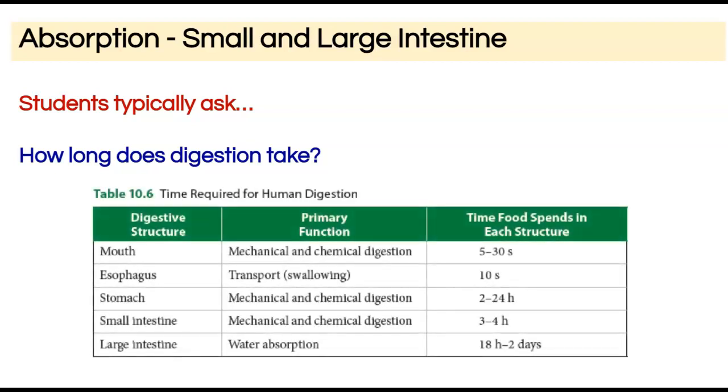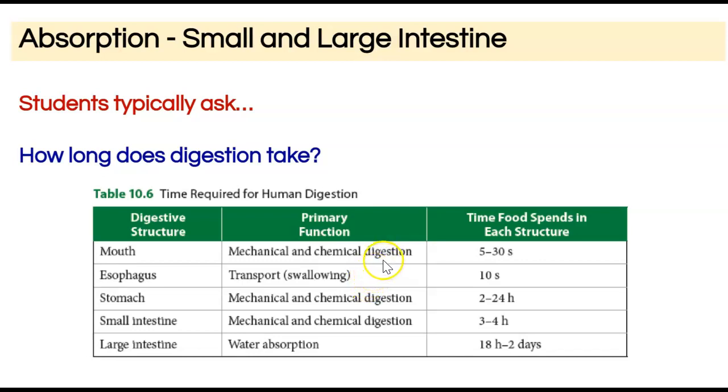Luckily, your textbook has this lovely little chart that outlines the approximate length of time, and of course this is very subject to people having different metabolisms, different metabolic rates. So often it'll give us a range, and the range is quite high.